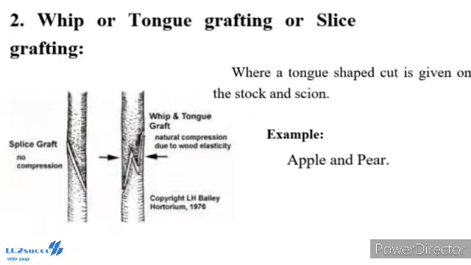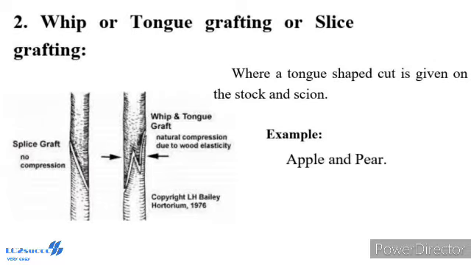Second one, whip grafting. Whip grafting is a grafting where a tongue-shaped cut is given on the stalk or scion. The other names are slice grafting and tongue grafting. Example, apple and pear. In this method, the thickness of the stem of the stalk and scion should be the same.